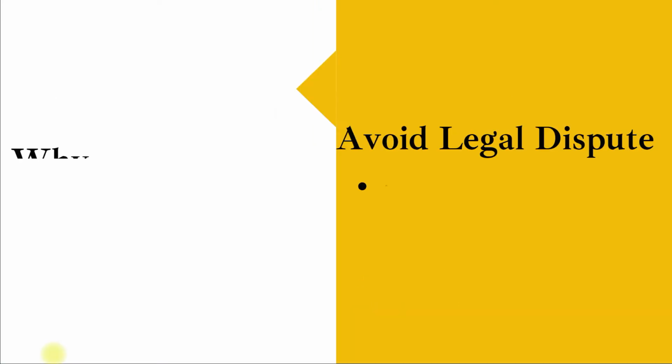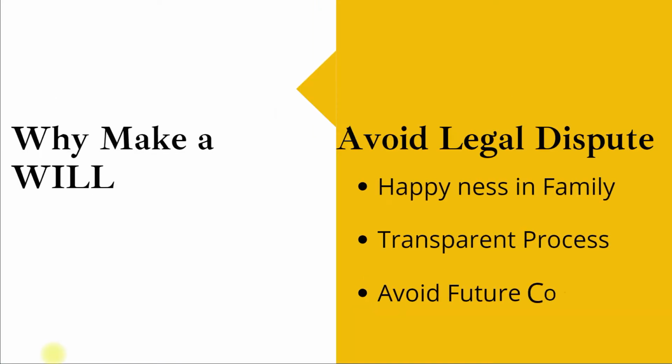Moving next, why should we make a will? Basically, whenever a will is made and a person has expired, whatever properties that person had in his possession or the titles which were in his name, if the will is made, after the death of that person you can see which property was given to which son, which daughter.